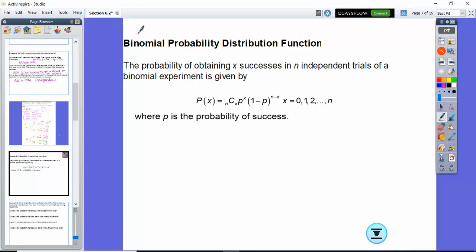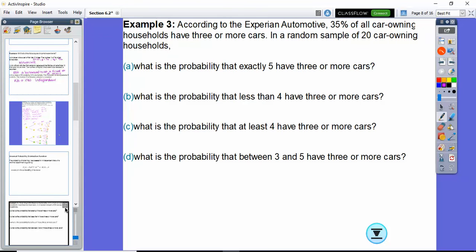Let's look at an example. So let's suppose 35% of all car-owning households have 3 or more cars.